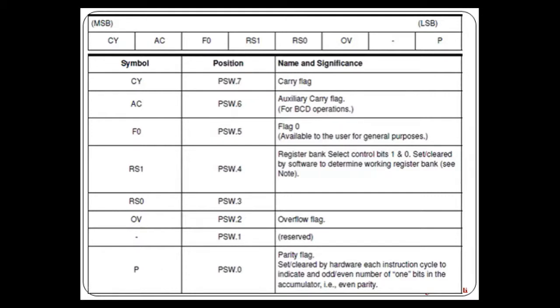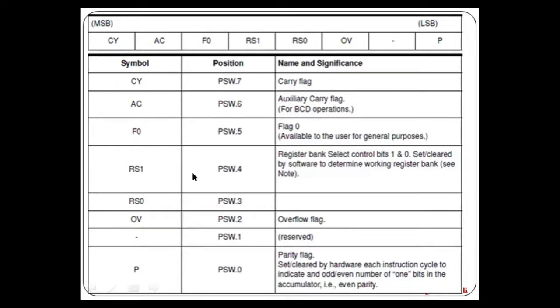You don't have to set it. Automatically they are set according to the condition of the instruction that has been executed. Whereas the other two, that is RS0 and RS1, are your control bits. You are going to use these two bits to control some operation.